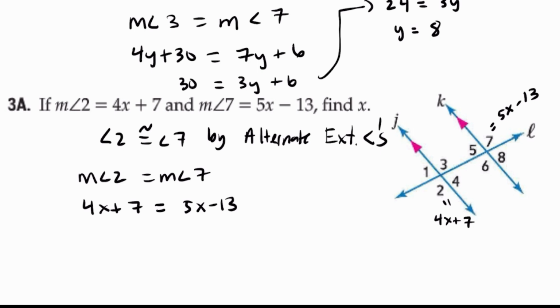So we have 4x plus 7 equals 5x minus 13. I'm going to subtract both sides by 4x. So I have 7 equals x minus 13. And then I'm going to add both sides by 13 to get x by itself. So x equals 20. And that's my answer. Again, like the previous problems, all I'm doing is finding the variable that I need.